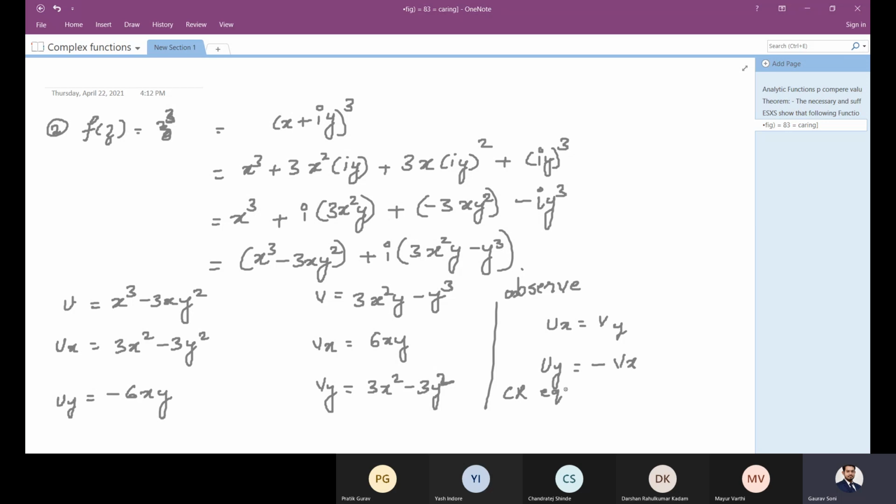CR equations satisfied. And this is not just satisfied at a particular point; CR equations are satisfied for any value of x, y. So CR equations are satisfied in the complete plane, and so f of z equal to z cube is analytic.